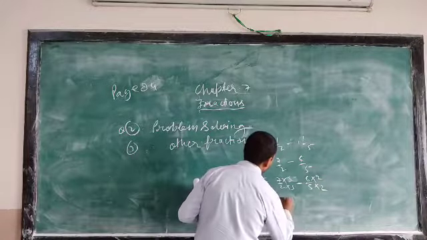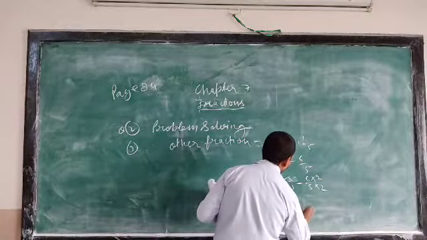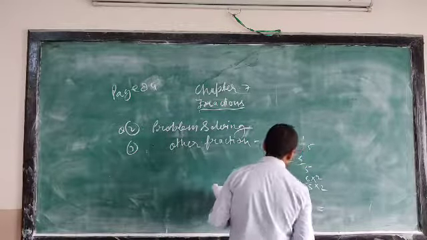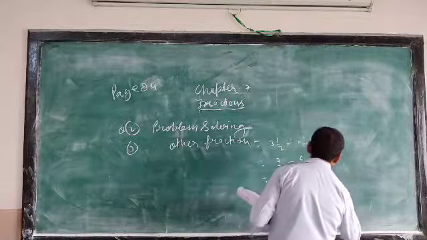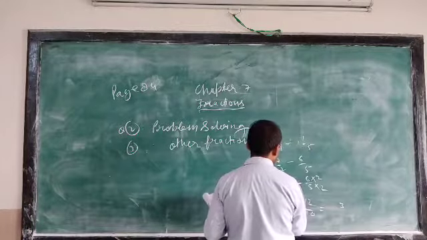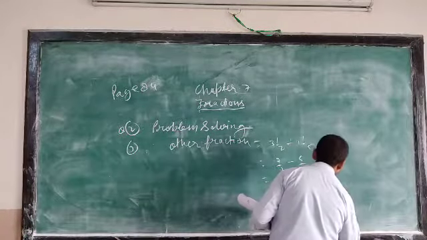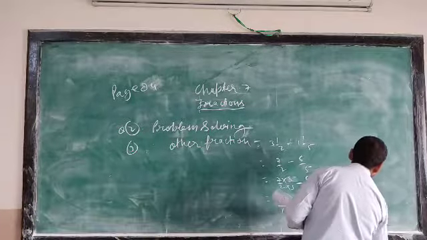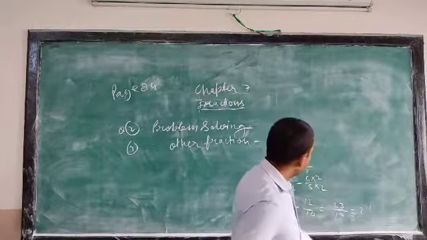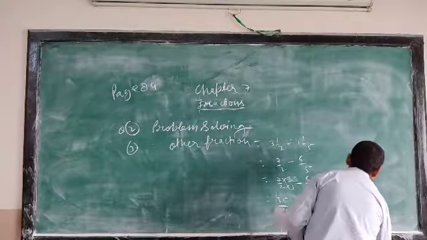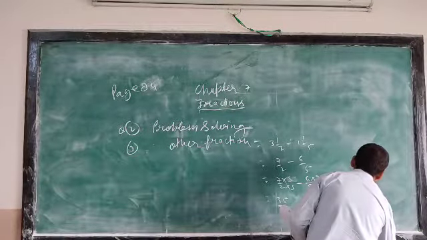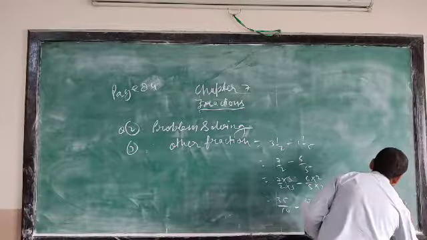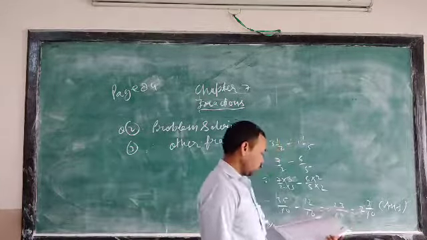So 35/10 minus 12/10. That is 23/10, which is the answer. The answer will be 2 and 3/10. This is the other number, or second number.